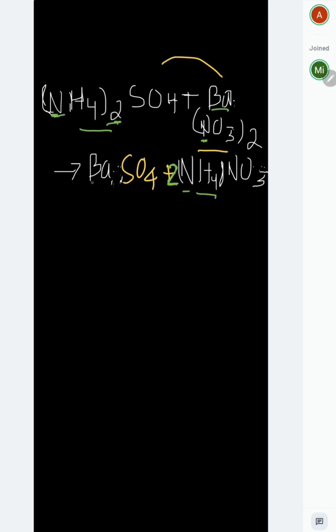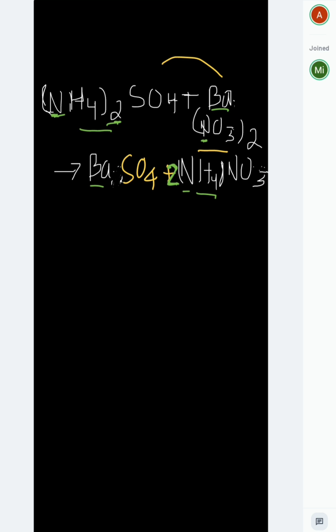Then let's check barium. Barium here is 1 atom also on the product side, so you don't need to balance that. So we only added 2 here in front of ammonium nitrate. So this is the molecular balanced equation.